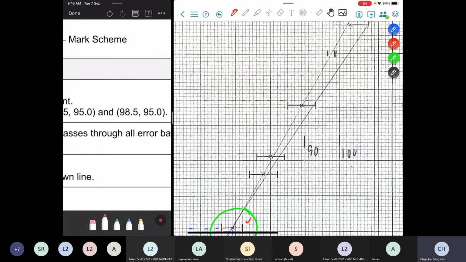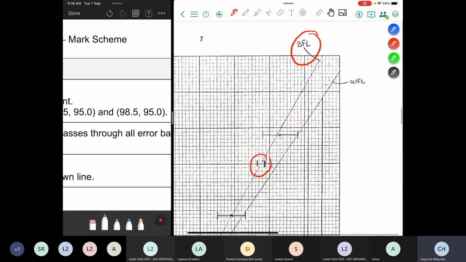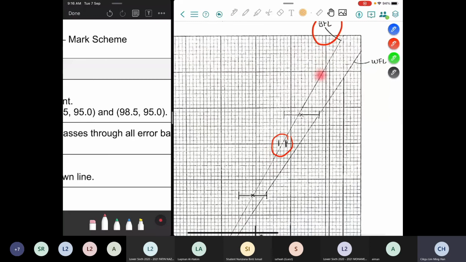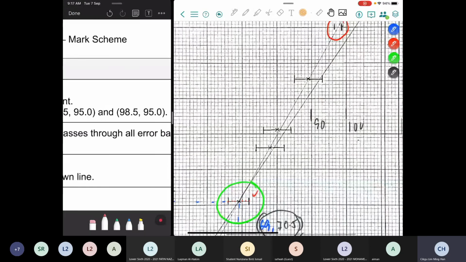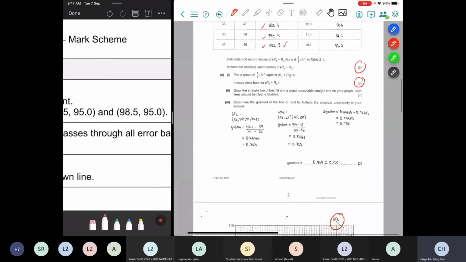So as you can see, Fatin's best fit line has a label. This is your best fit line. So the best fit line you can see is actually touching the point here. So again, Fatin will get the 1 mark.